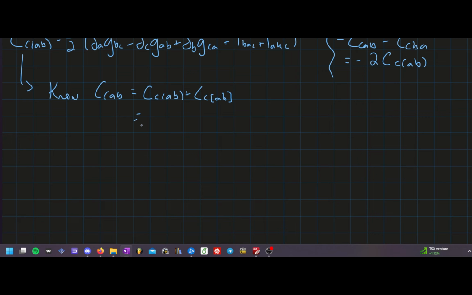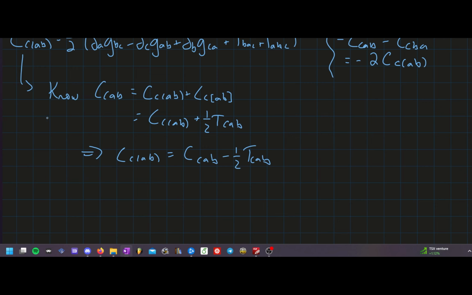But this just equals C_{c(ab)} plus 1/2 T_{cab}. So that means that C_{c(ab)} equals C_{cab} minus 1/2 T_{cab}.